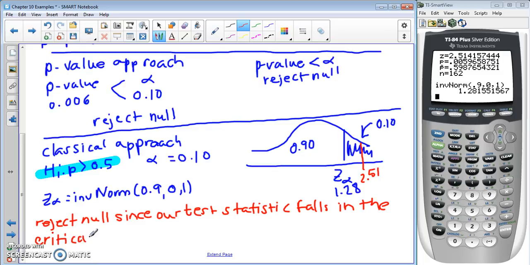So now that we've drawn that out, we can see how we would compare that. So how would we write that out? We would say that our critical value is less than our test statistic.